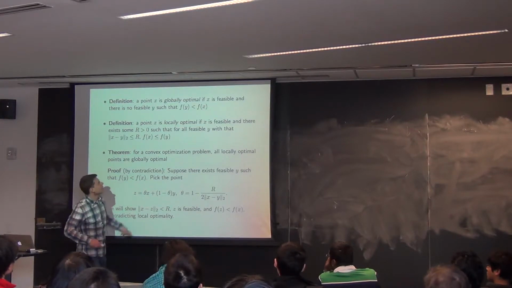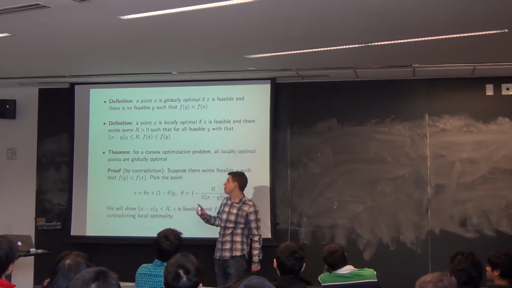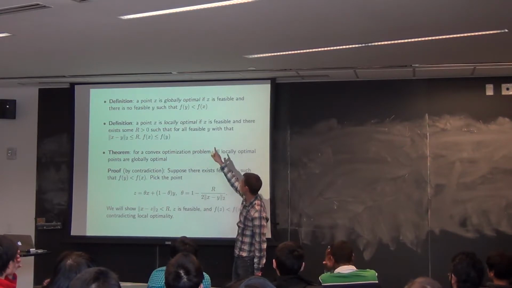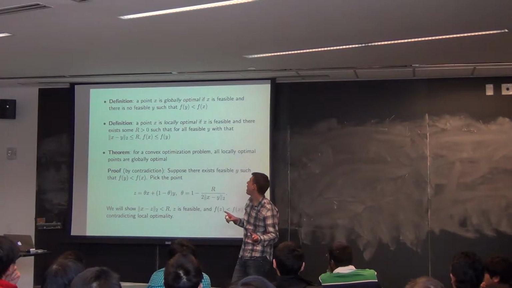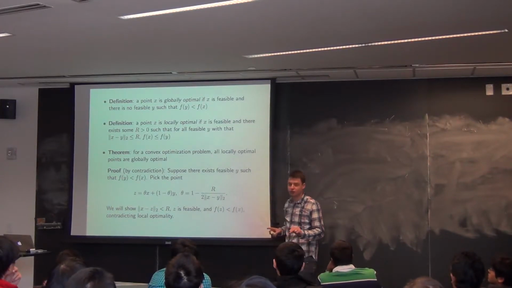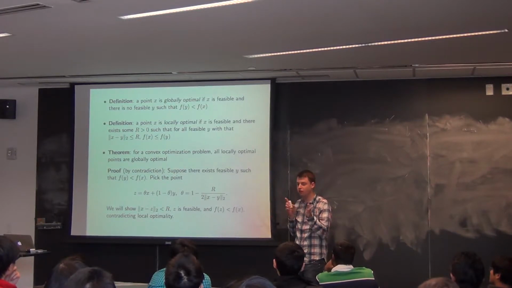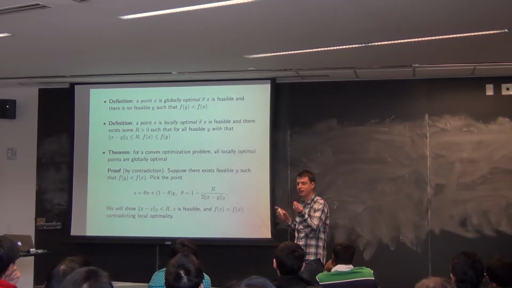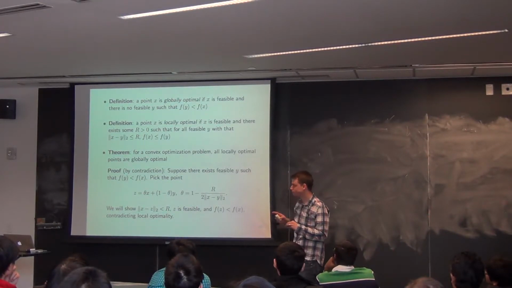First of all, a point x is globally optimal if and only if it is feasible and there's no feasible y such that f of y is strictly less than f of x. But that would mean there is a point that is also feasible that has strictly lower objective value, which would make x not an optimal point.